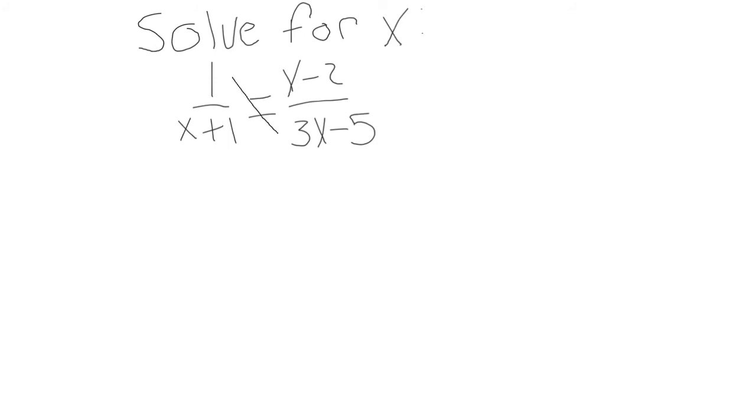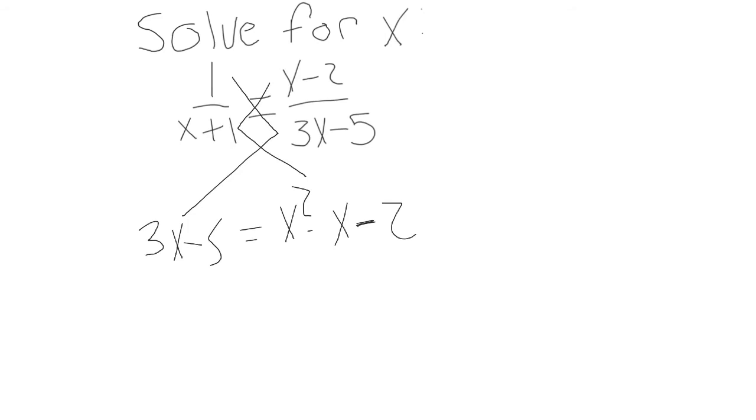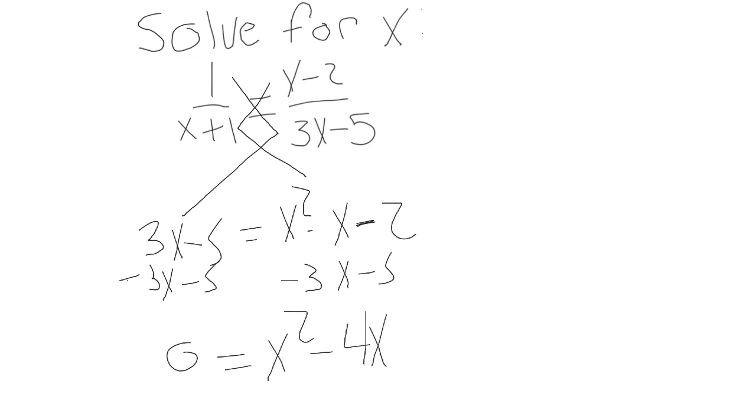Okay, we're going to cross multiply here. So over here, we will end up with a 3x minus 5. Over here, we end up with an x squared minus x minus 2. All of this is equal to each other. I'm going to do 2 steps at once here. I'm going to subtract 3x minus 5 from both sides, leaving me with 0 equals x squared minus 4x plus 3.